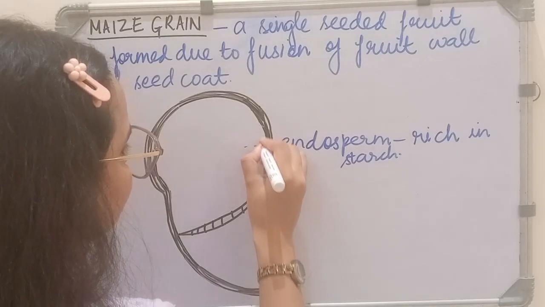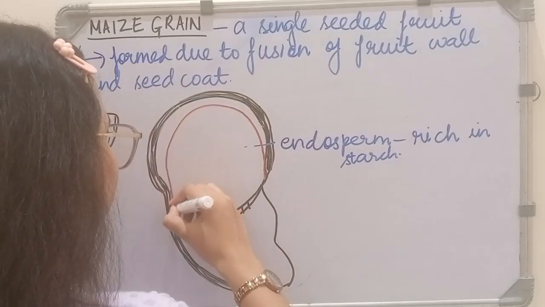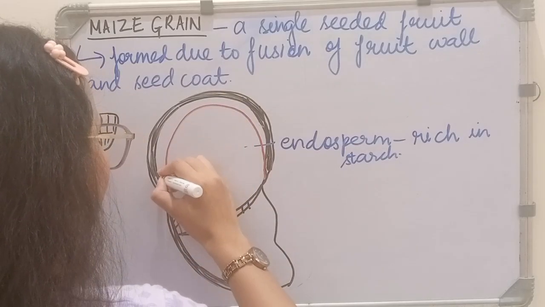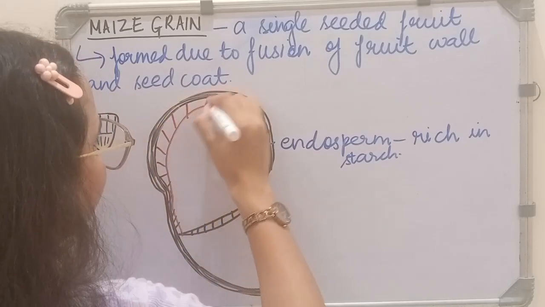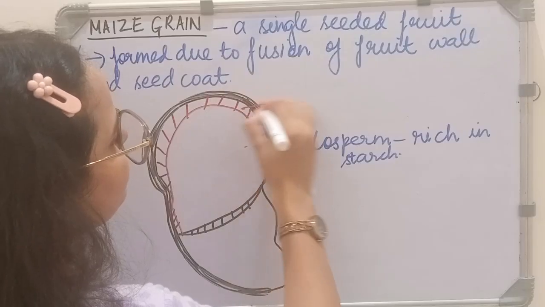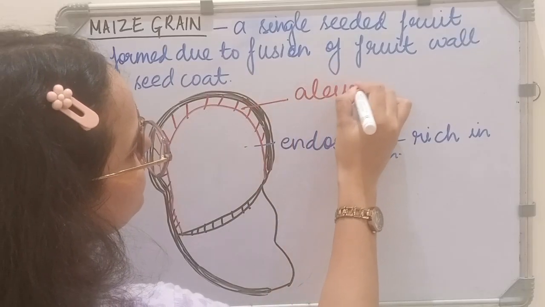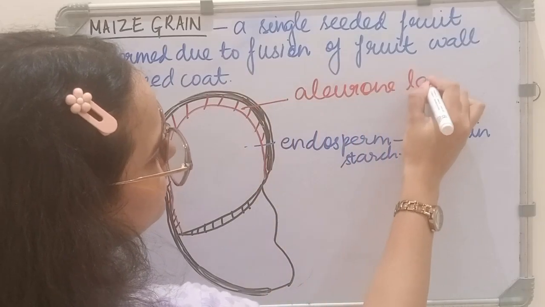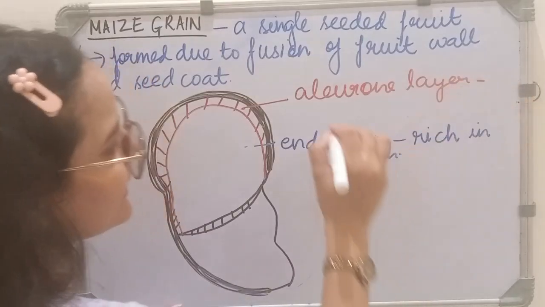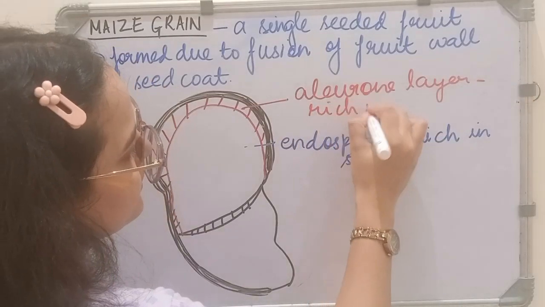So I'm drawing the outer layer of this endosperm, which is known as aleurone layer. It is rich in protein.